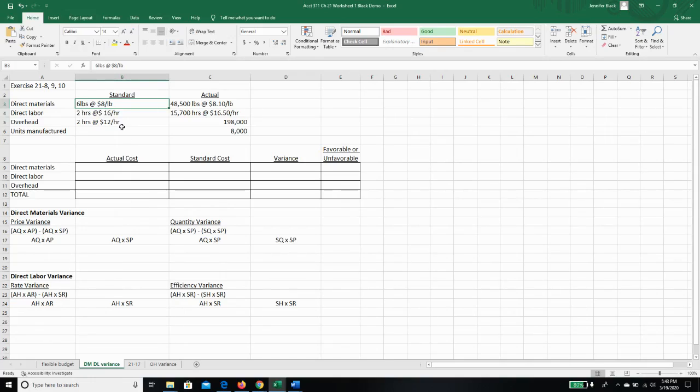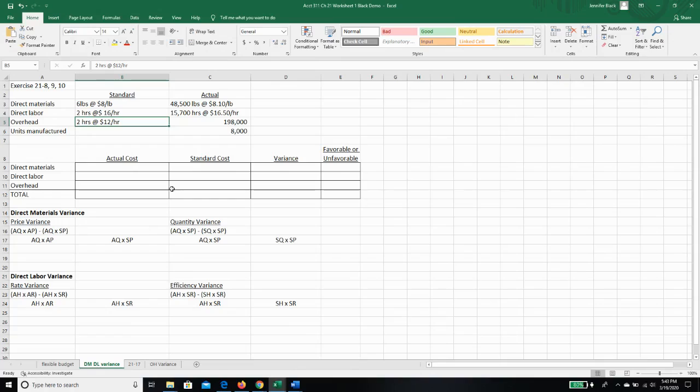So that's our standard. Our direct labor is 2 hours per unit, and we are paying our people $16 an hour. Our overhead, we're applying based on direct labor hours, so we still have 2 hours, and we're allocating overhead at a rate of $12 an hour. This is all standard if everything goes perfectly.